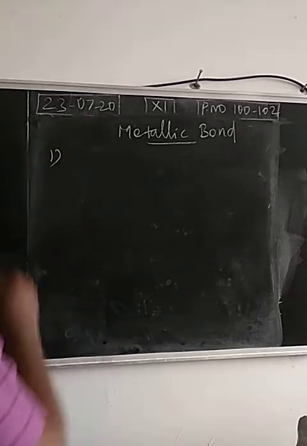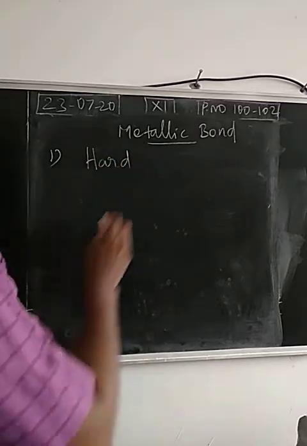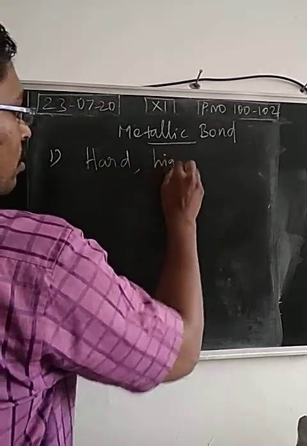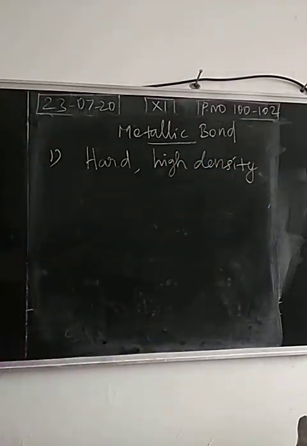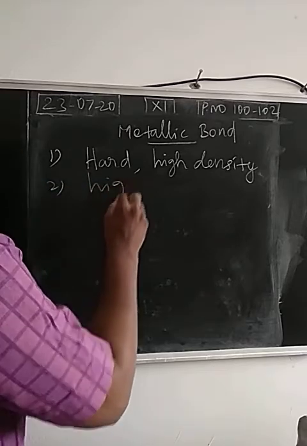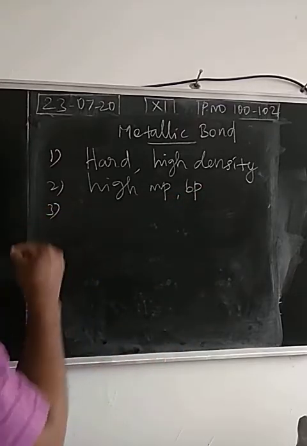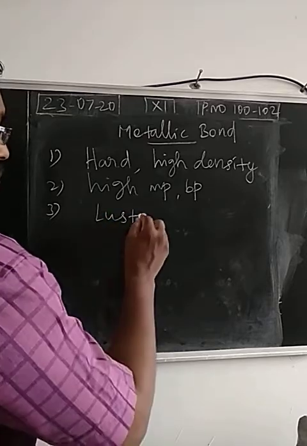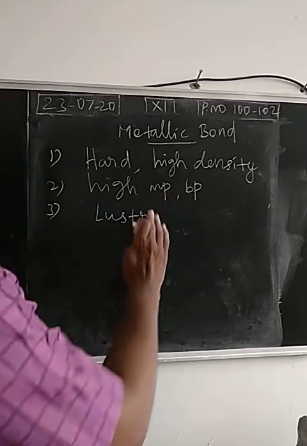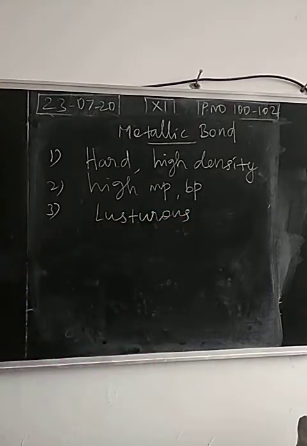So what are the general characteristics of metals? Metals are hard in nature. They have high density. So from lower classes onwards we have studied that metals have high density. Metals have high melting point as well as boiling point. And metals are lustrous in nature.